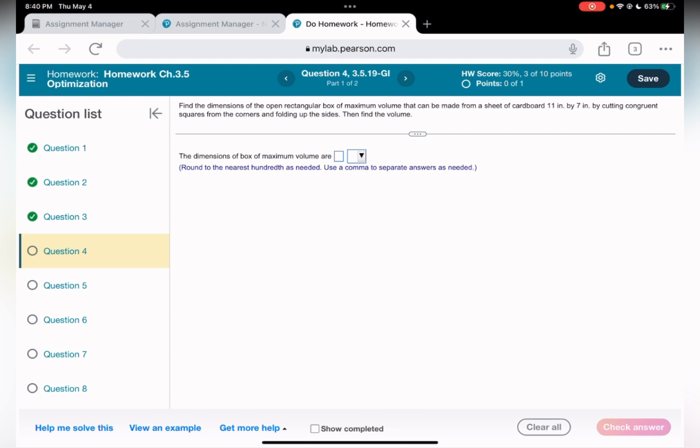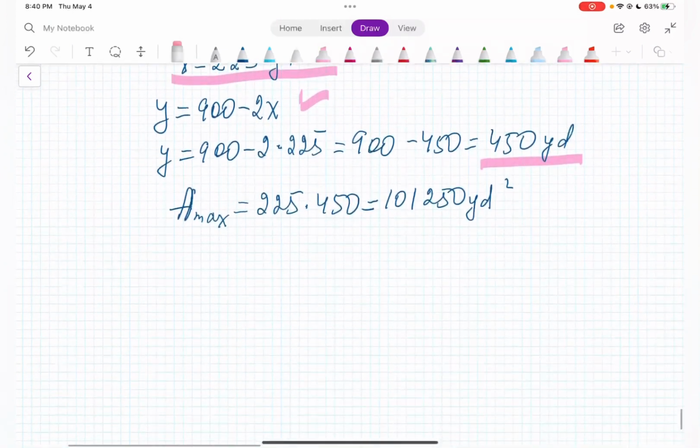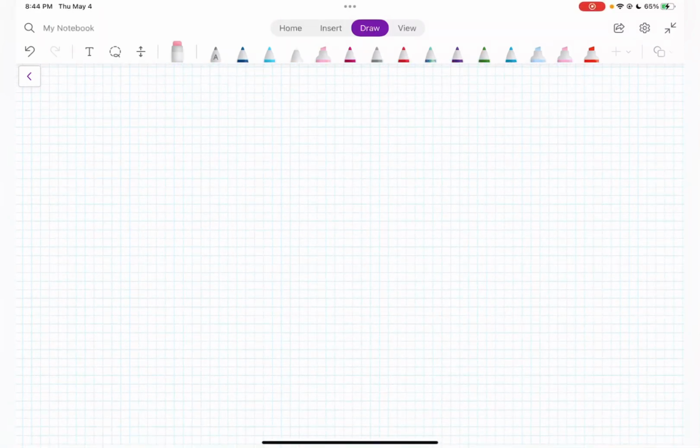And we need to find first the dimensions of the box. Let's go for it. Okay, the dimensions of the box formed by folding up the sides of an L by W sheet. So L is, let's mark down, L is length.